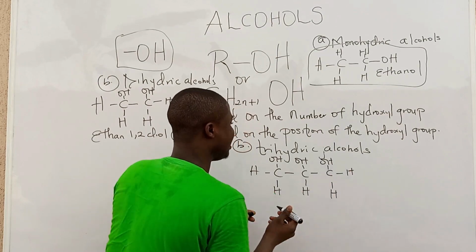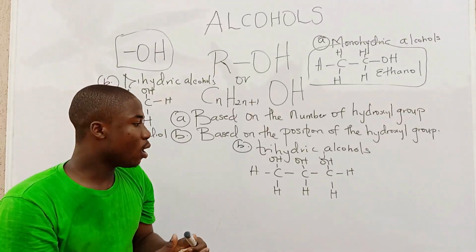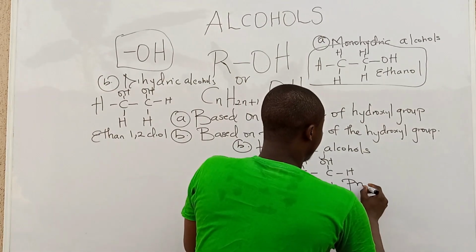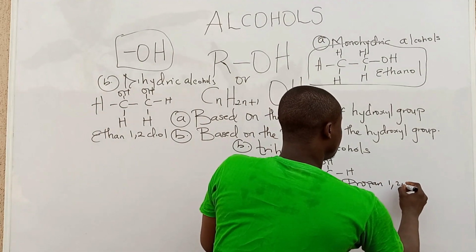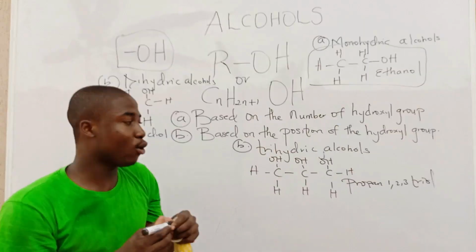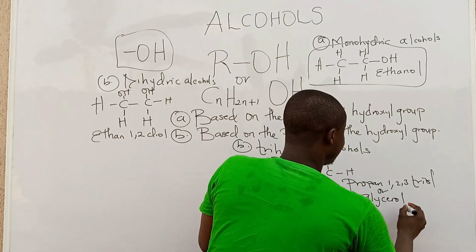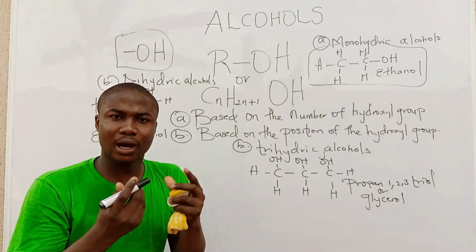You can see we have three OH in the compound. The compound's name is propane-1,2,3-triol, popularly called glycerol, and it is a trihydric alcohol.